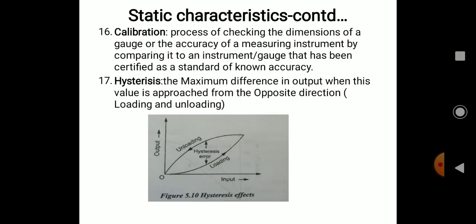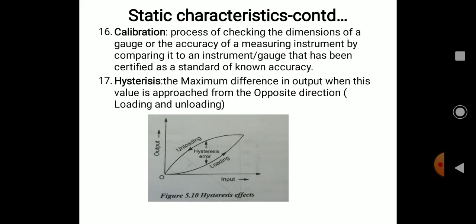Static characteristics, again which is continued. The calibration, this we already discussed in the metrology side. Calibration is a process of checking dimensions of a gauge or accuracy of a measuring instrument by comparing it to an instrument or gauge that has been certified as a standard of known accuracy.